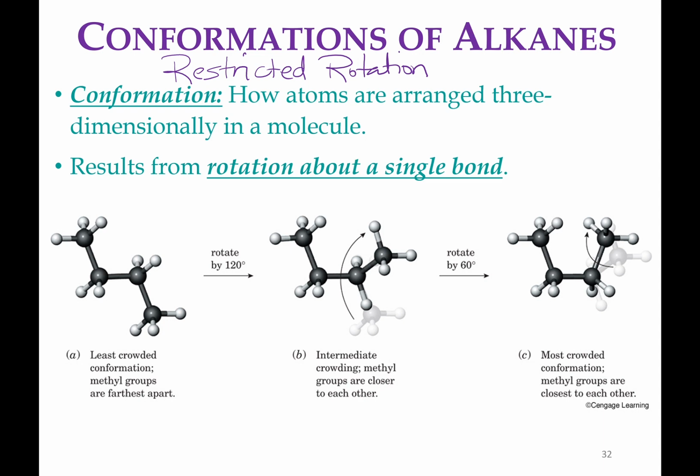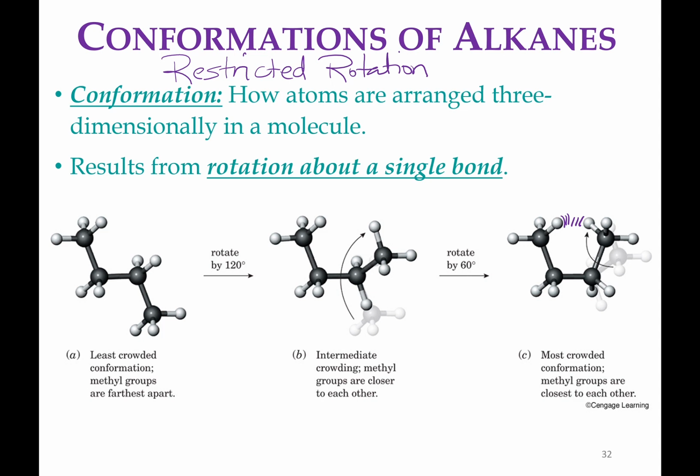So starting with ethane, this is actually butane, but starting with ethane, we have what are called different conformations. Remember the conformers? As these carbons are rotating freely, there's these 3 hydrogens sticking off of the carbons, and if they come too close to each other, they have what's called strain.